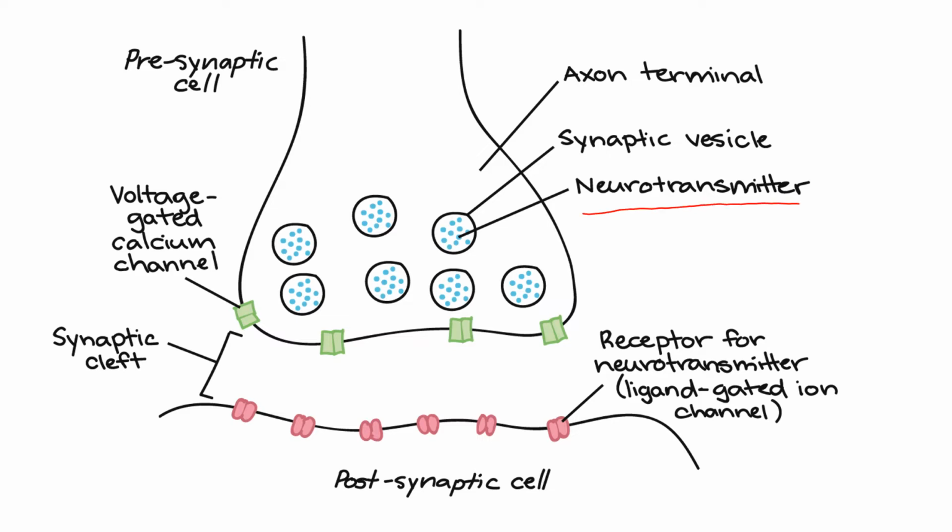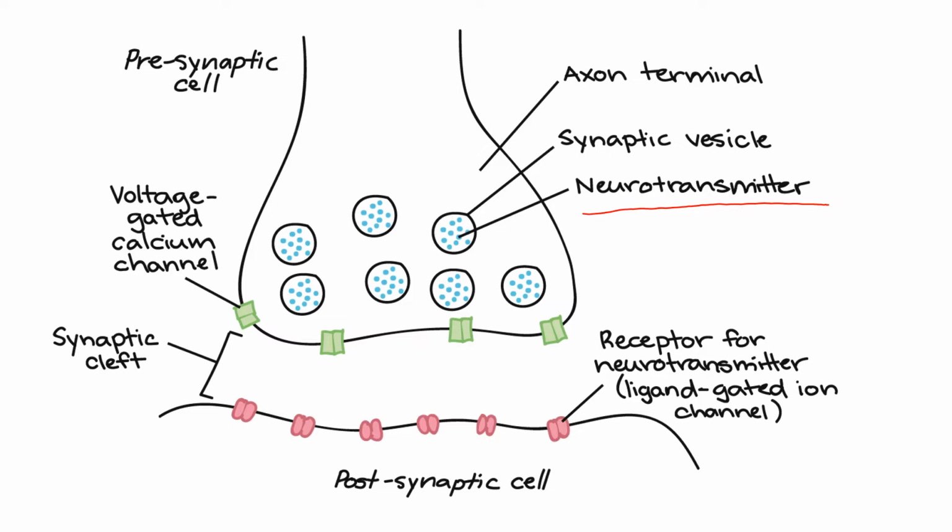Neurotransmitters are going to be specific types of molecules, proteins that are going to interact with the cell that is actually interacting with this neuron's axon terminal.